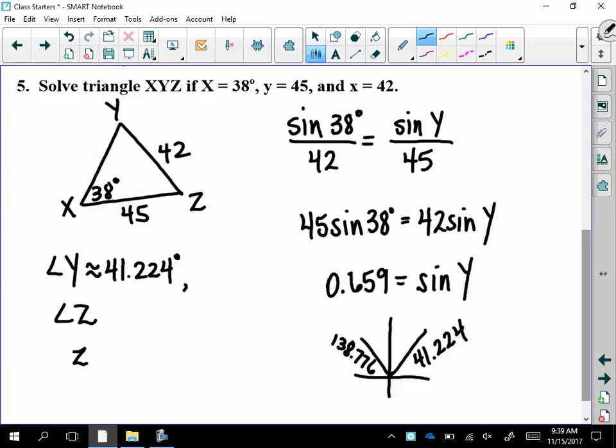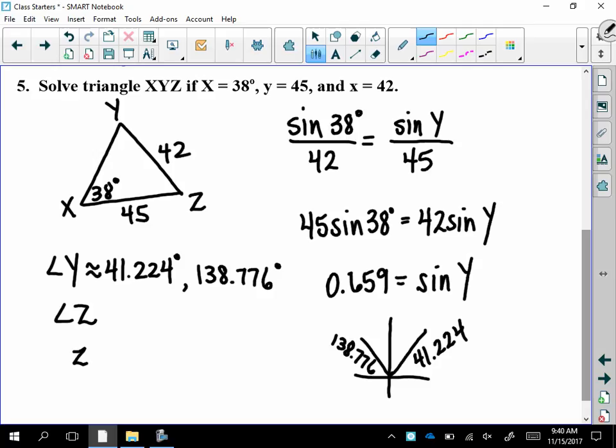Okay. So there's the other possibility. So what we've got to see is, will this second angle still leave us something for that third angle? Yes, and it does. And that means both of those are valid answers, and we've got to keep both of them.